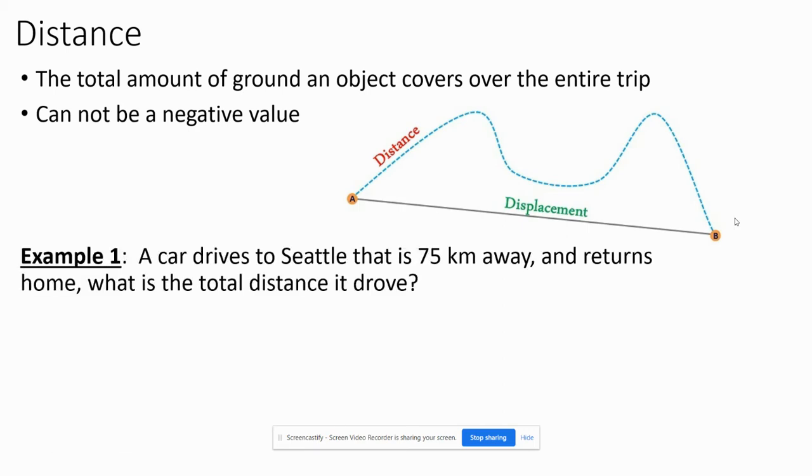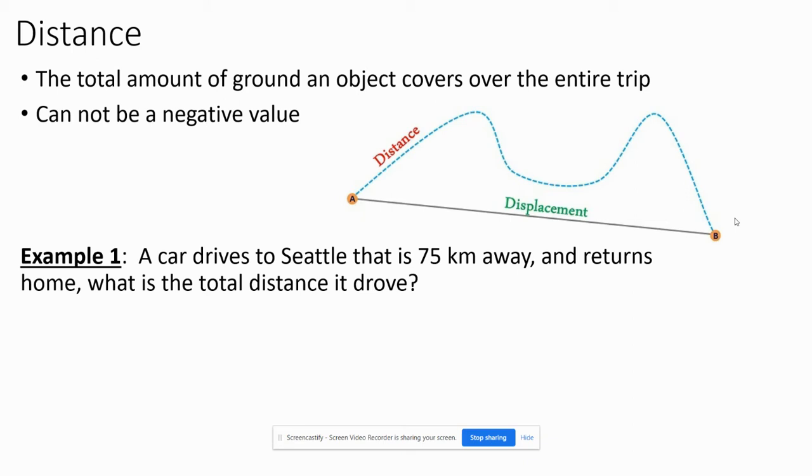We're going to do a quick little example, so I want you to write this down. The example says: a car drives to Seattle that is 75 kilometers away, and returns. So the car drives to Seattle, and I'm writing it on mine too, that is 75 kilometers away, and returns.